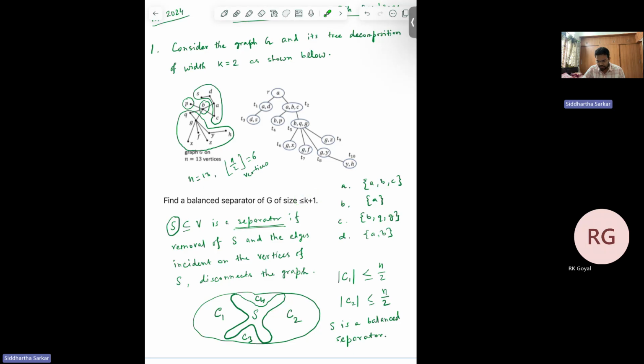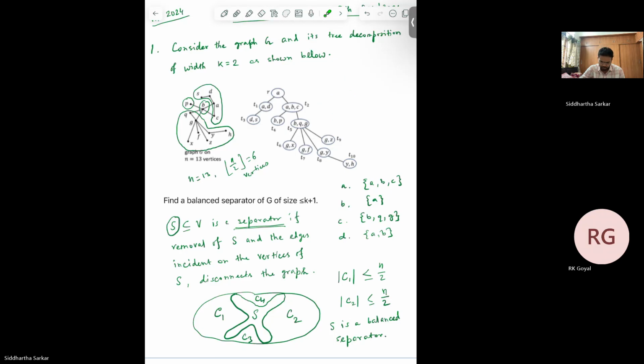So deleting a bag means we are deleting at most k plus 1 vertices. So we should suspect that maybe each bag can act as some separator. And then the objective is to identify which bag is the right candidate for becoming a balanced separator.